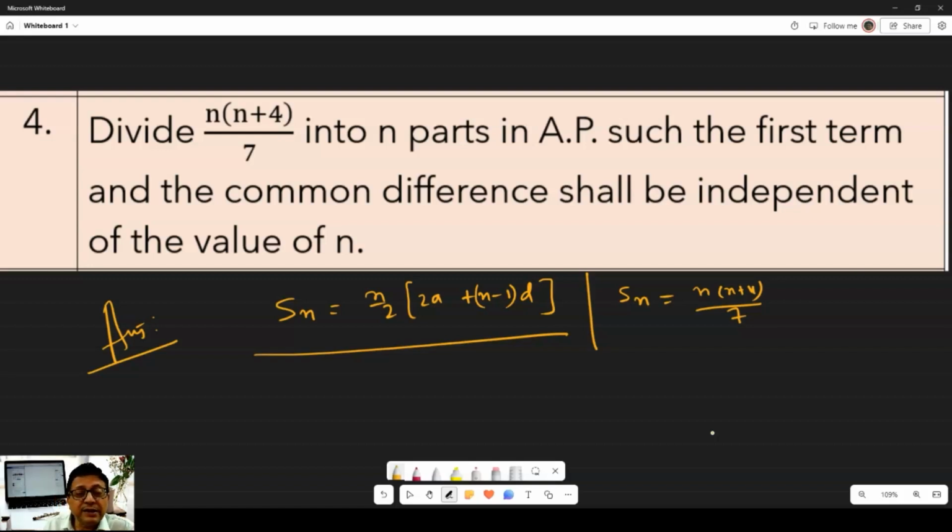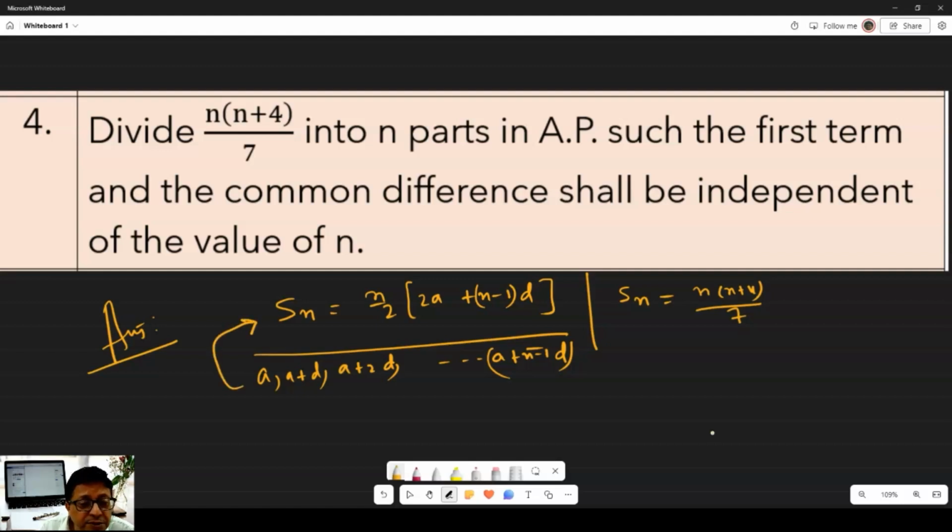Now, one thing is clear. This sum n by 2 (twice a plus (n minus 1) into d) is divided into n parts like this: a, a plus d, a plus 2d, up to a plus (n minus 1) into d. Because we got this sequence whose sum is going to be equal to this.